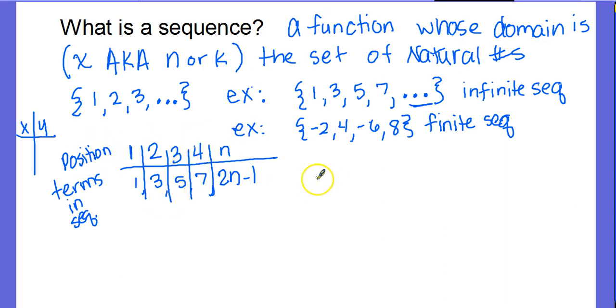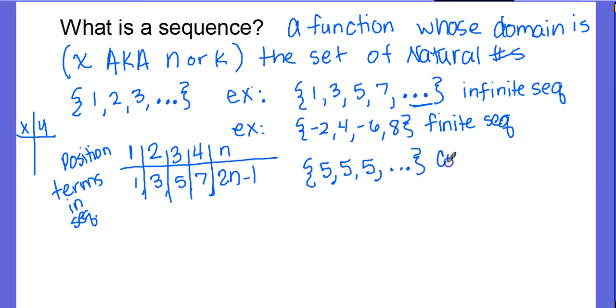All right, I do want to talk about a constant list that looks like this. If I have this list, 5, comma, 5, comma, 5, comma, infinite.